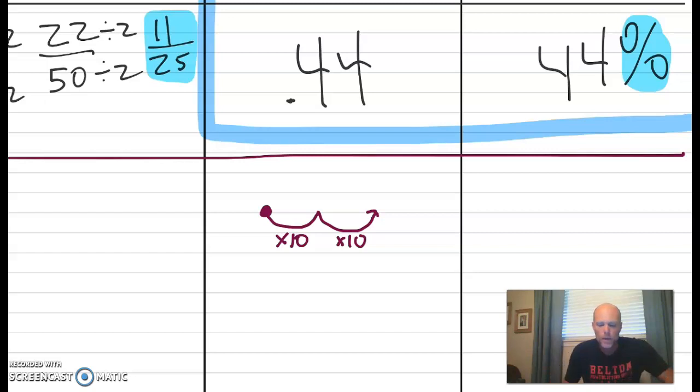Okay? So if we take the number 25 hundredths and multiply it by 10, the decimal would only move once to the right. But what is 10 times 10? It's 100. So to move it twice to the right, guess what we have to multiply by? 100.